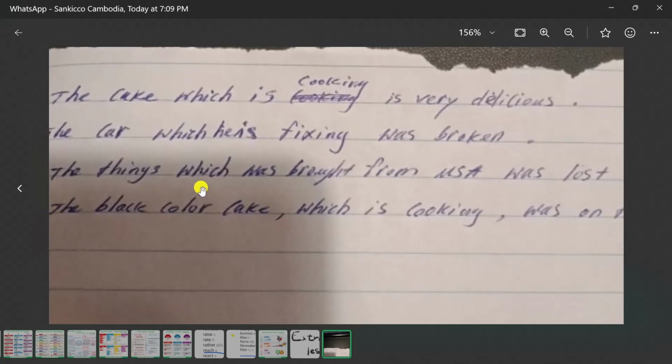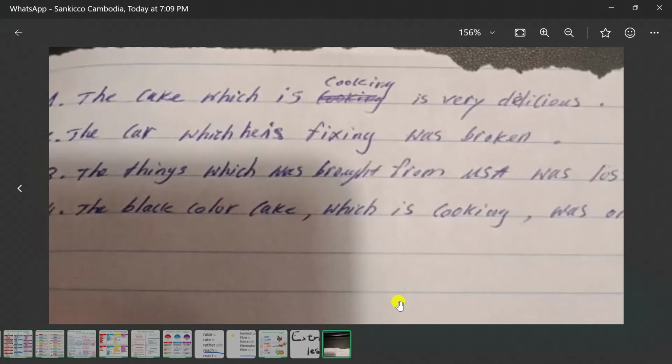And then this which, can I remove it or not? No. Easy way is that there is a subject afterwards. You see? The car which it's a subject. Normally you have this subject here, you can remove it.